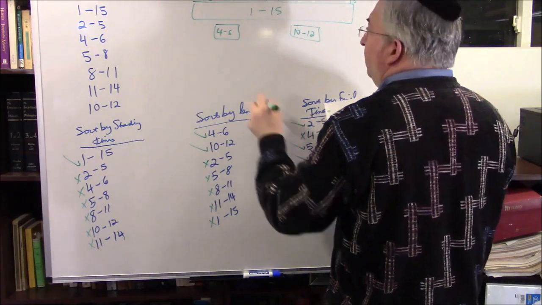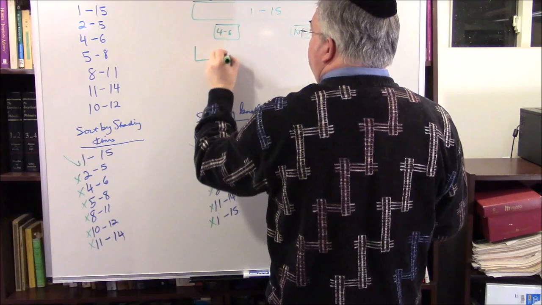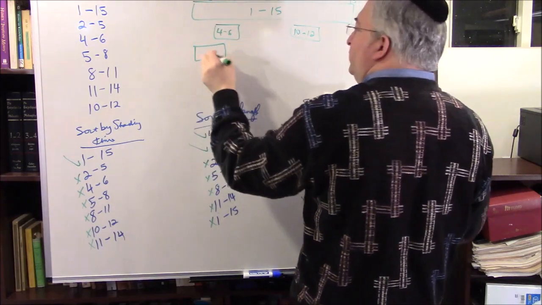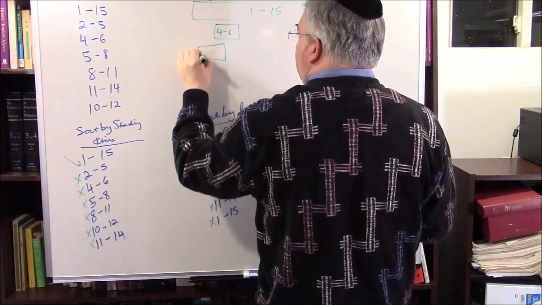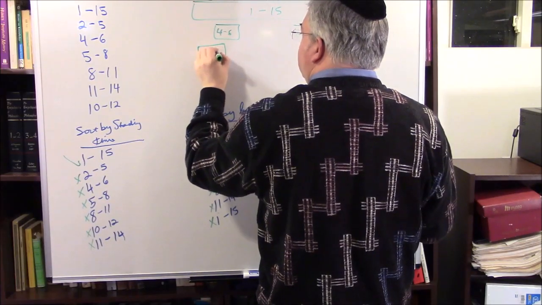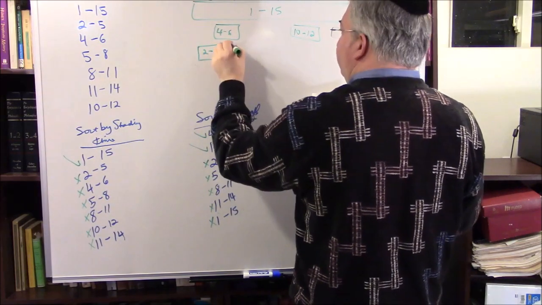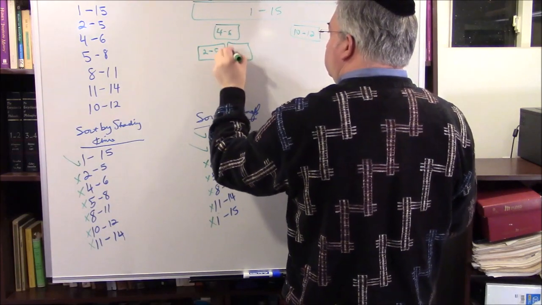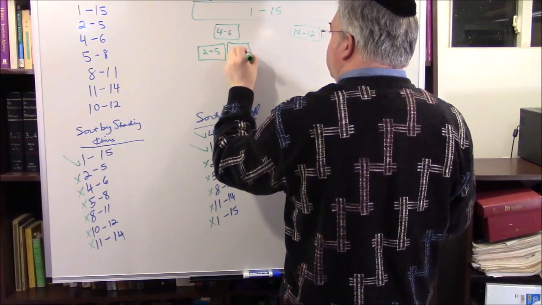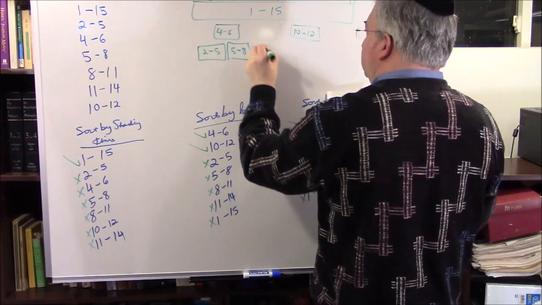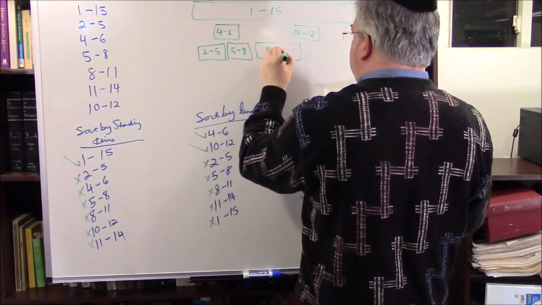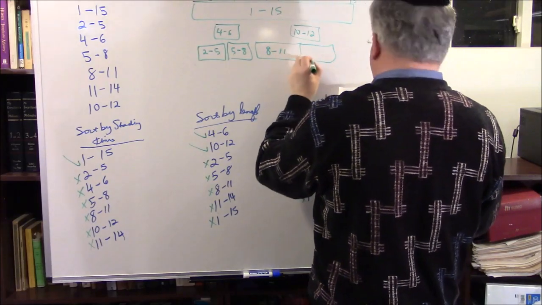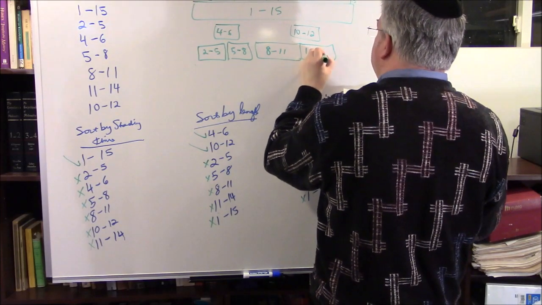Now 2 to 5, halfway of 4 to 6 is 2 to 5, so this is over here, and 5 to 8 is over here, and 8, sorry, I didn't do this exactly, 8 through 11 is over here, and 11 to 14 is over here.